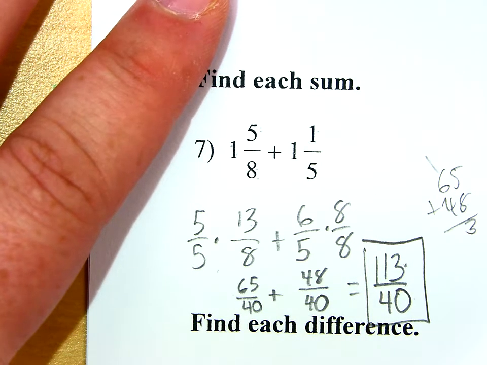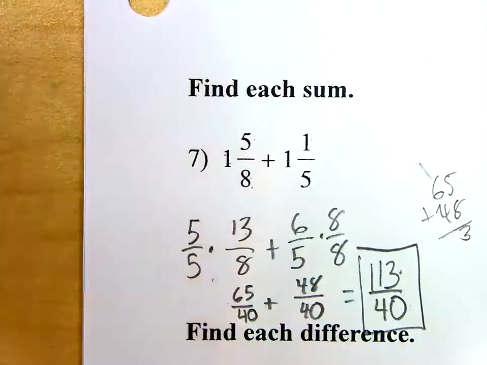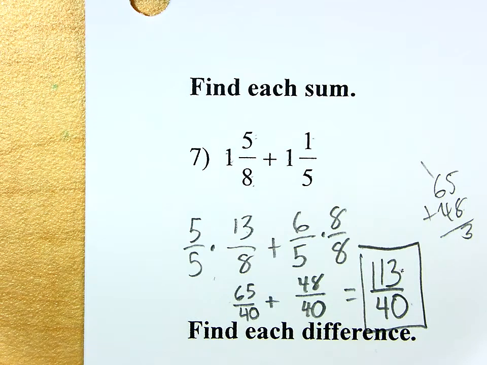Can I convert it into a mixed number? You can. I think that's a little too low. I got it as a mixed number. What did you say it was? 2 and 4 fifths.